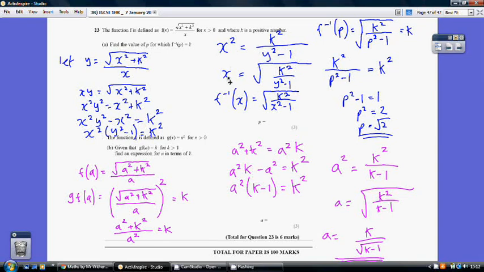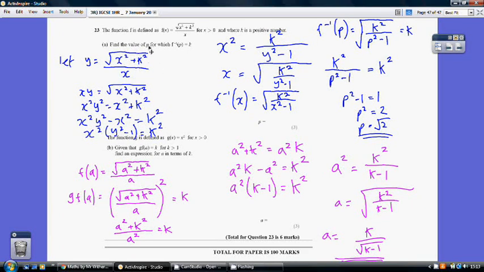Square rooting both sides, I get this. So my inverse function for x is the square root of k squared all over x squared minus 1. Remember, y was just something artificially I introduced to allow me to change the subject. My inverse function incorporates x.